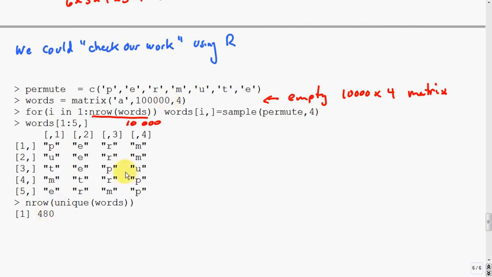So what I've done is now I've asked R to tell me how many unique combinations there are. And there's a handy command in R called unique that will just filter out every row that's a duplicate. So this is basically making a new matrix which has as many rows as there are unique words that it found.